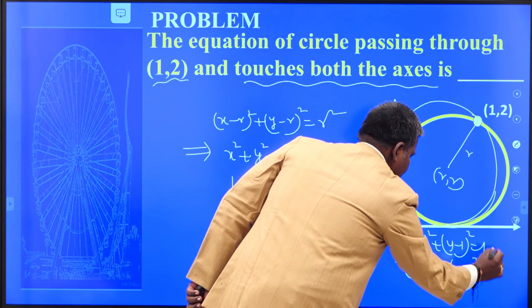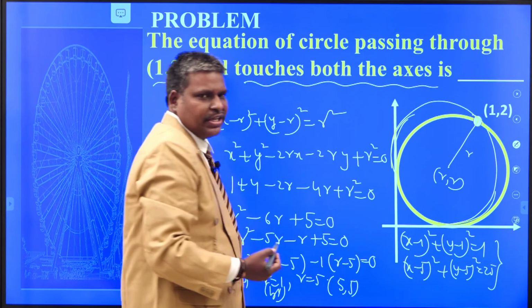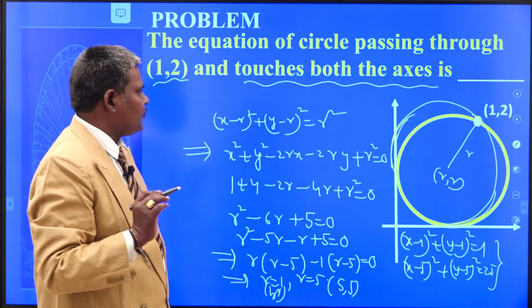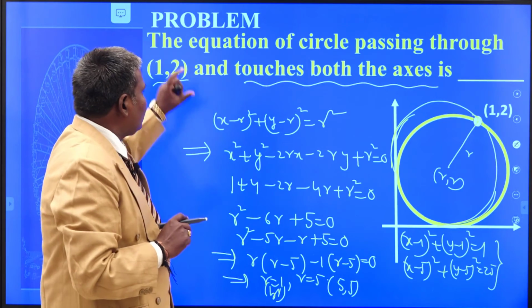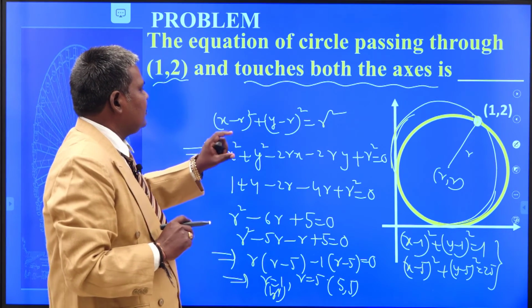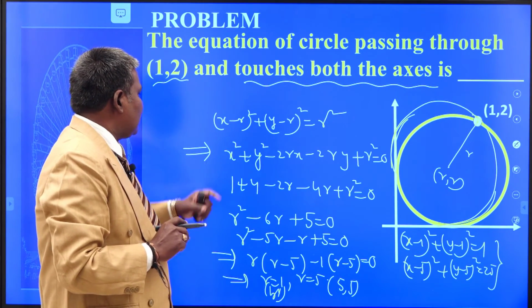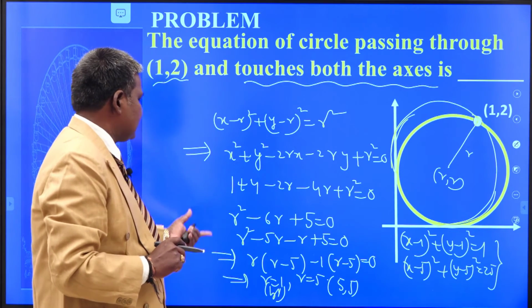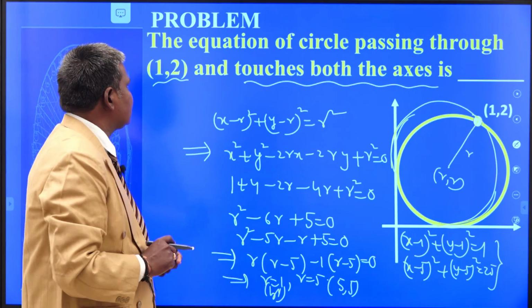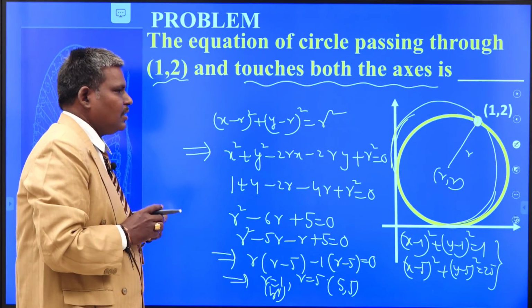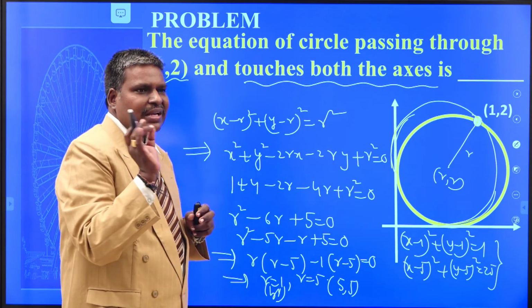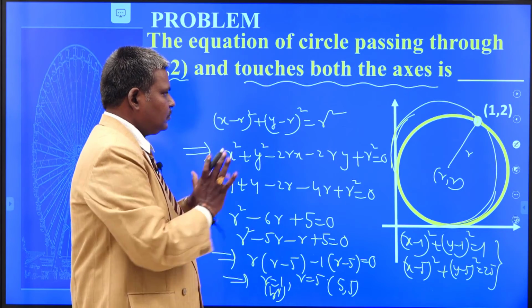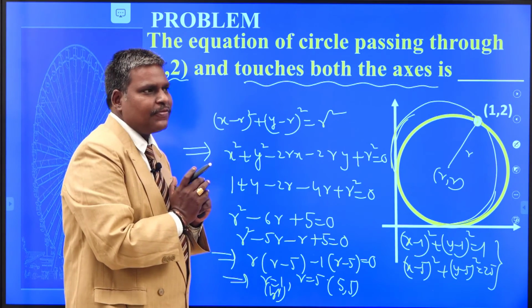So my dear students, no need to mug up the formulas. You just identify the logic, what is going on here. You draw the figure for the problem, write the equation and simplify, and you get the equation of the circle. So in this problem, what you have to remember is where the point is. 1 comma 2 is in the first quadrant.